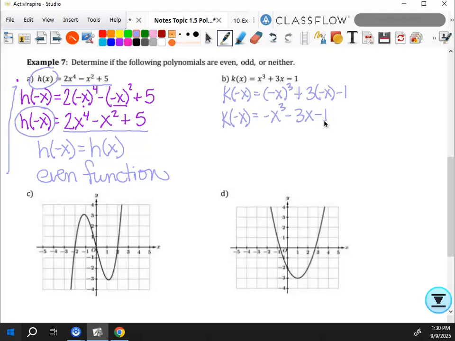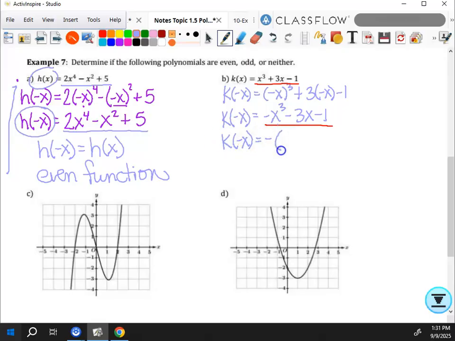So then we ask ourselves, does this look exactly like this? The answer is no, which is not really a big shock because it wasn't even an even degree, but no, it's not the same. When that happens, then we factor out of this a negative 1. So this is still K of negative x.